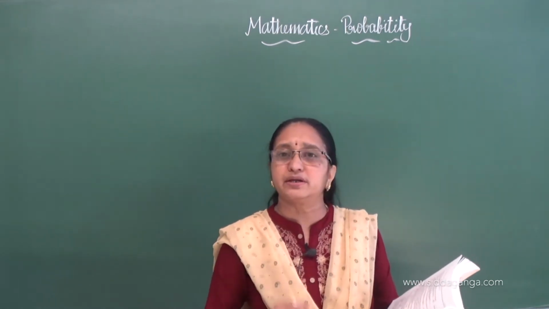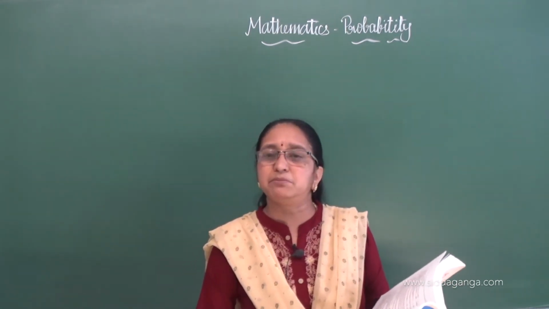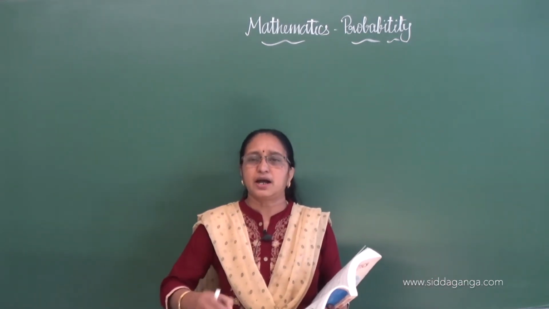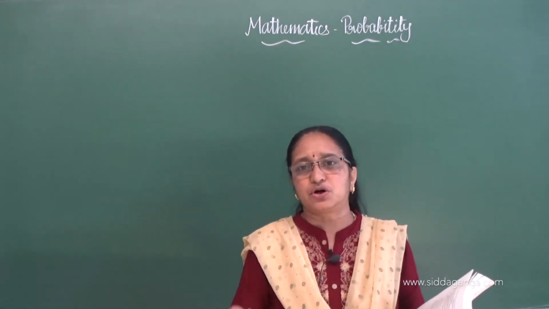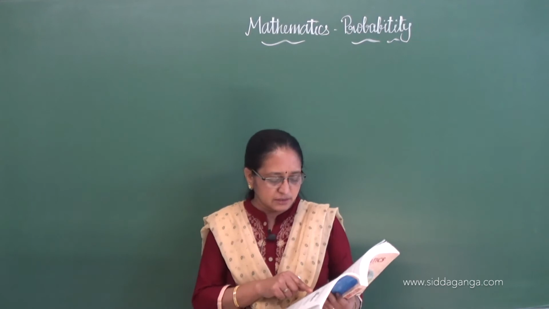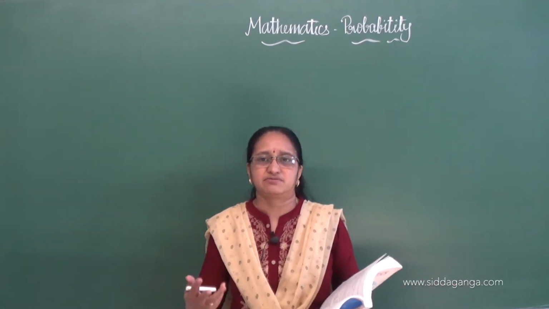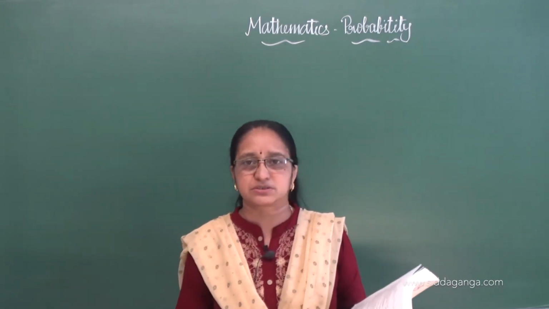Then a Queen. This is an impossible event. Why? Because a Queen is drawn and put aside. You have to read the question carefully. There is no Queen card there. So what is the probability? Definitely it is 0, 0 by 4. I hope you understood that.